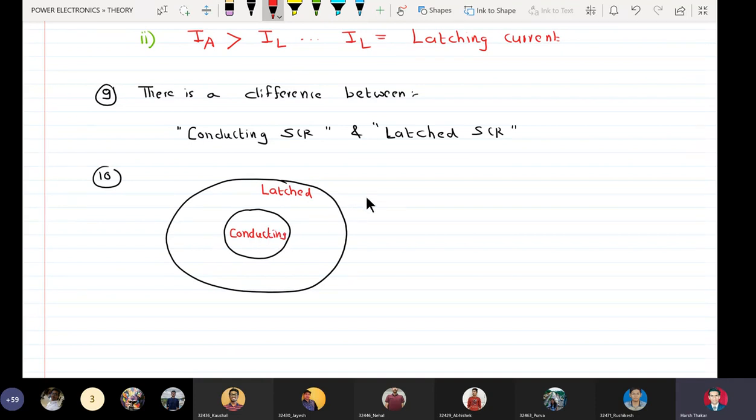Okay, so we can say that every conducting SCR need not be latched, but every latched SCR is conducting. You will not appreciate this statement till you perform experiments in the lab. There is a difference between a conducting SCR and a latched SCR.